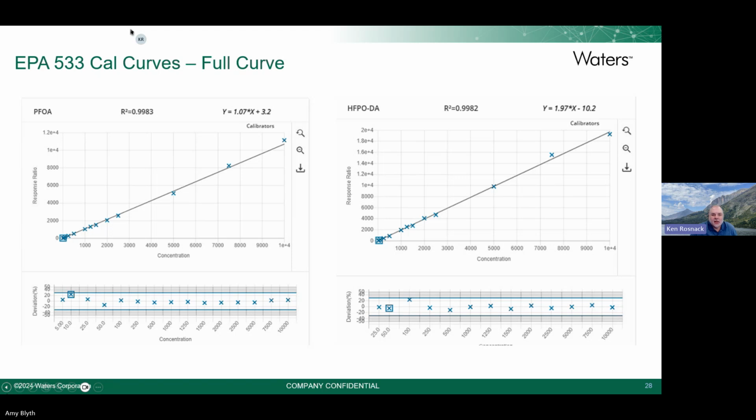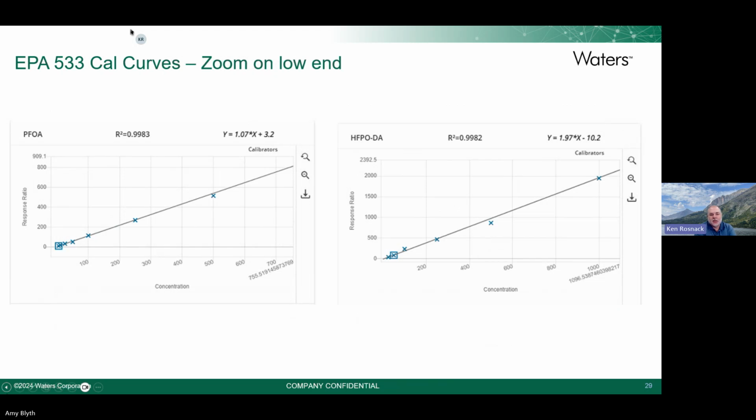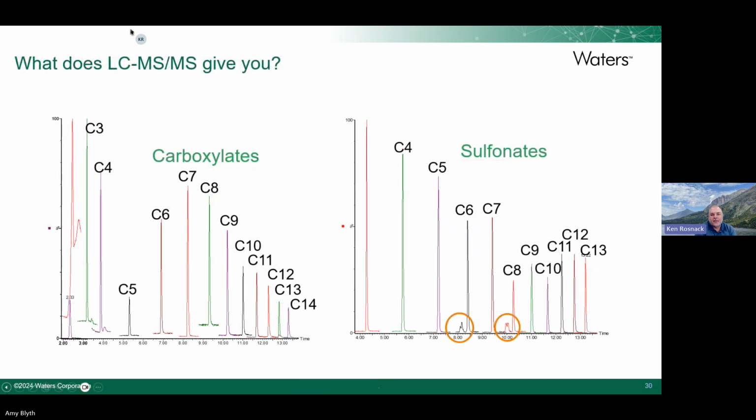These are the calibration curves for Method 533. Again, for PFOA, the C8, and then somewhat smaller, everybody knows GenX, HFPO-DA. If you look a little tighter towards the bottom, you'll see that nearly everything falls within a line. Then you can use the calculation at the top right of either of these cal curves to calculate the concentration of your unknown sample.